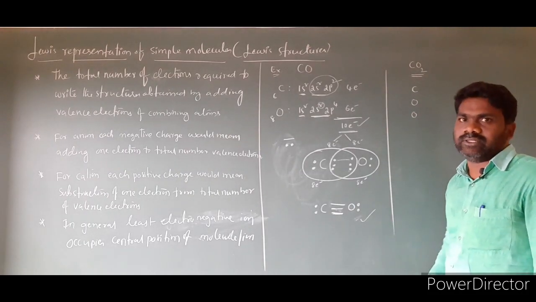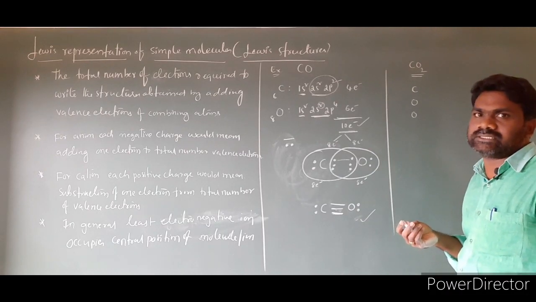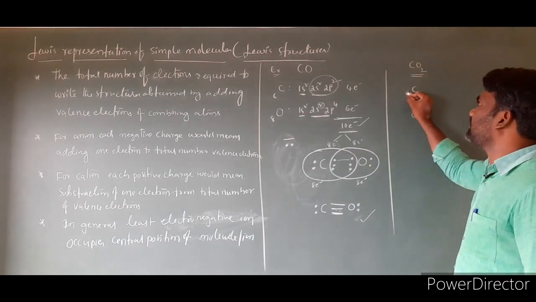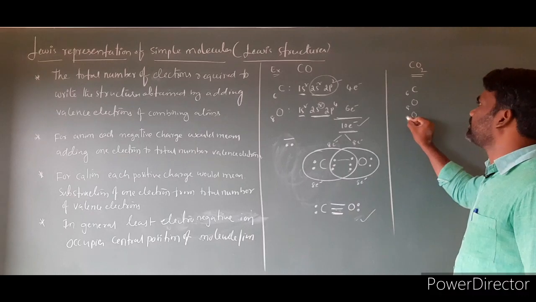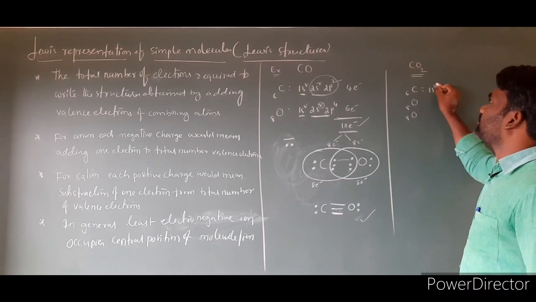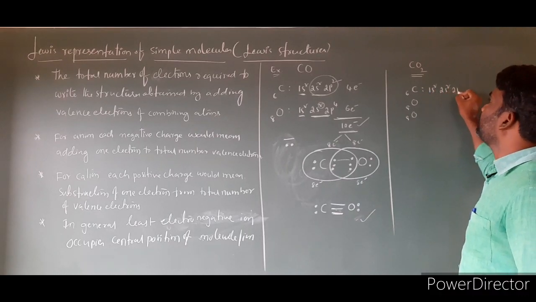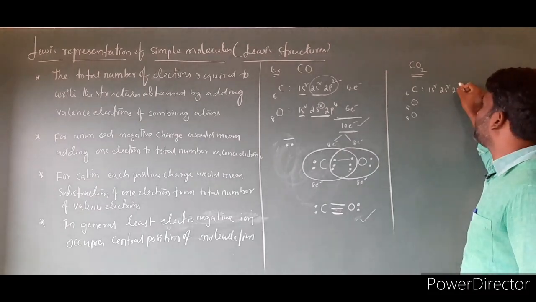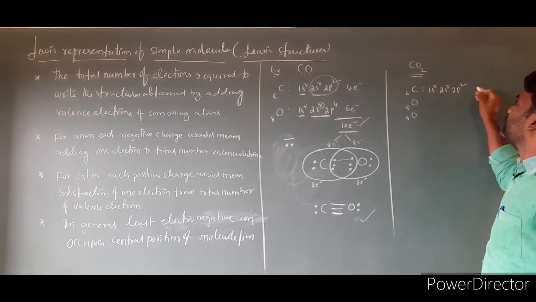What is our first objective? First we have to count the total number of valence electrons. The atomic number of carbon is 6 and of oxygen is 8. Carbon is 1s2, 2s2, 2p2, so the total number of valence electrons is 4.